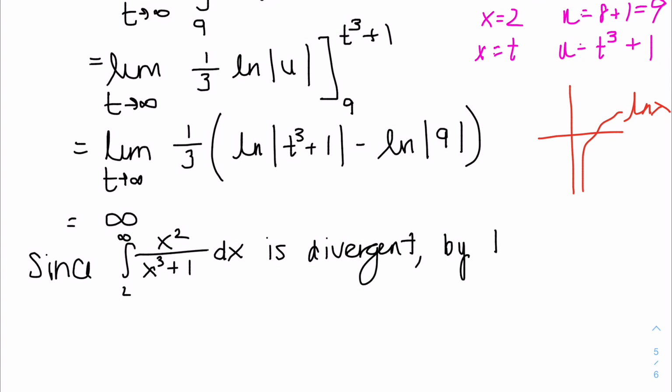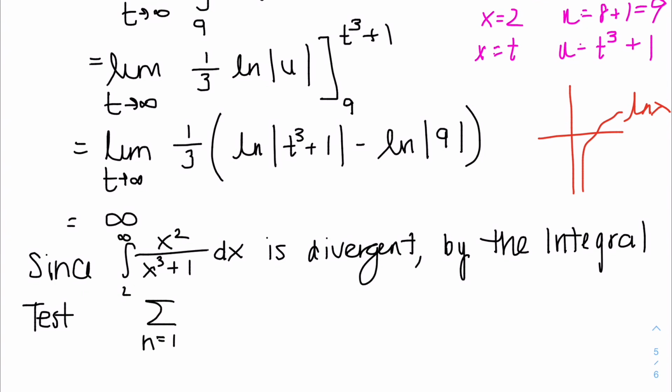We can say by the integral test, the sum from n equals 1 to infinity of n squared over n cubed plus 1 diverges. Okay?